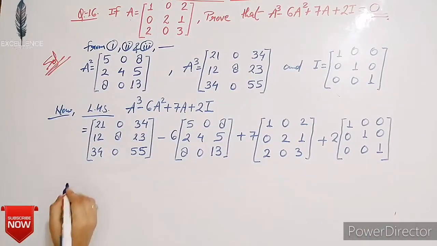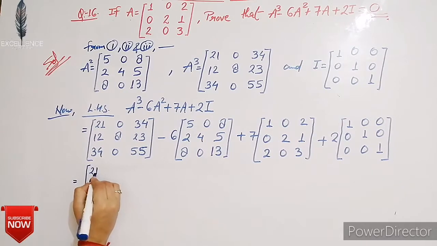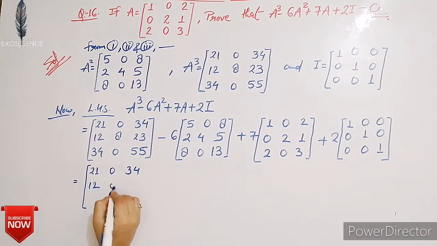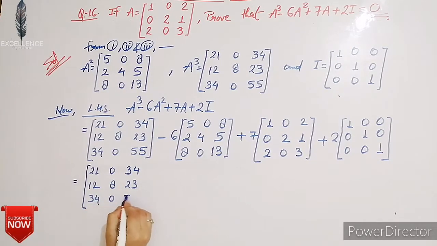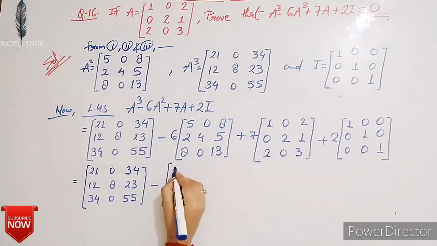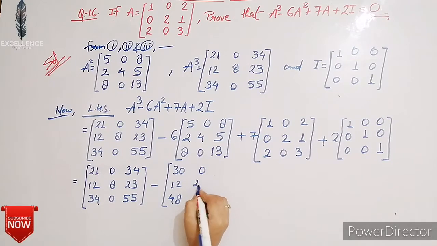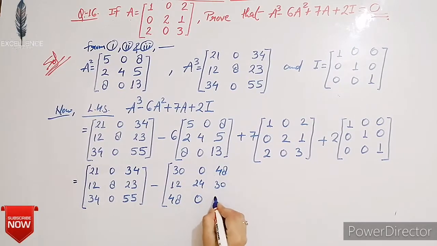Next we have, first is the same: 21, 0, 34, 12, 8, 23, 34, 0, 55 minus, this is multiplied by 6. So we have 30, 0, 48, 12, 24, 30, 48, 0, 78.